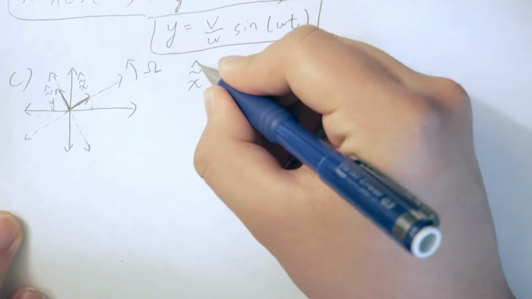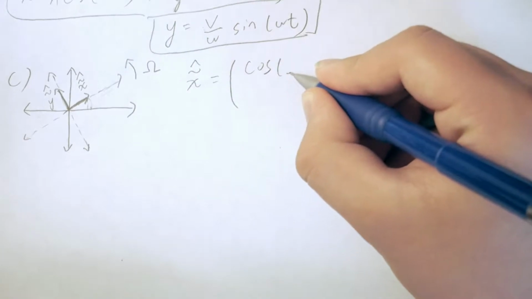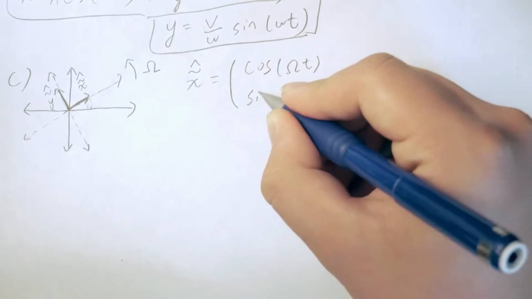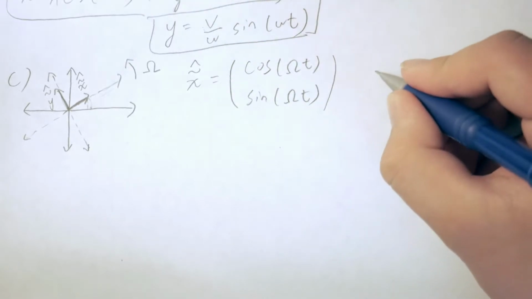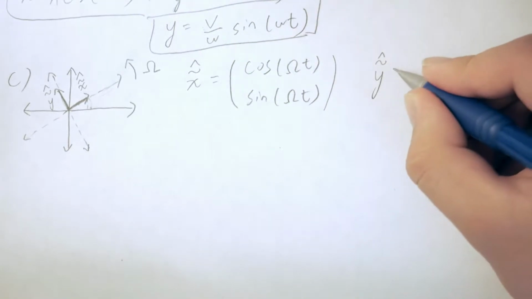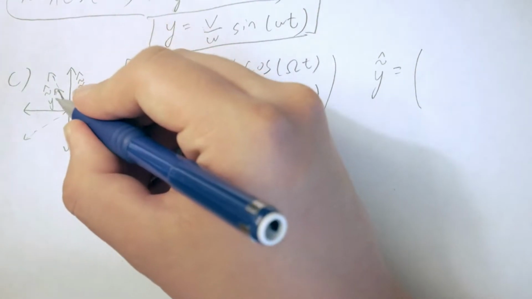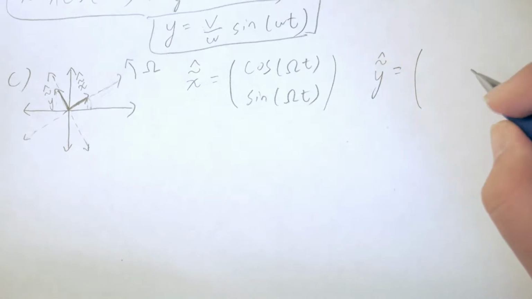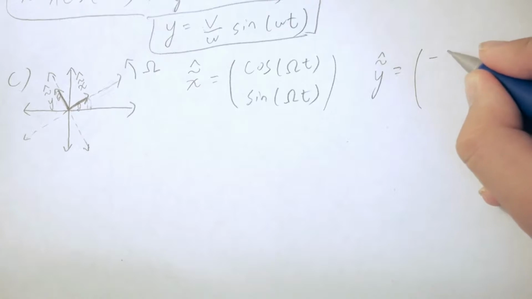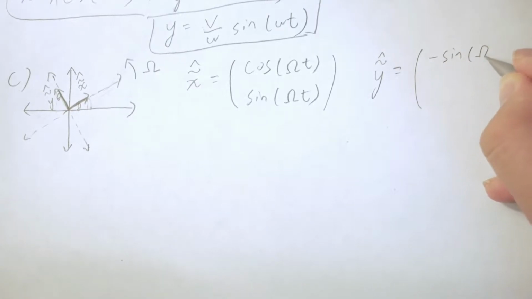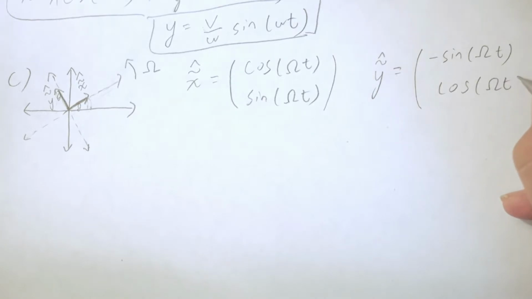Then x tilde caret is cosine omega t and sine omega t, while the y unit vector is negative sine omega t and cosine omega t.